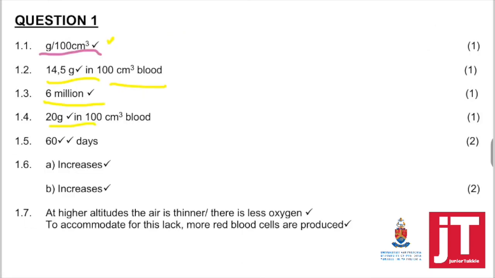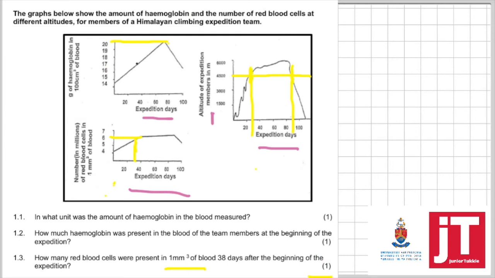That's how you will find your answer. It should be something like 60 days. But let's go back and see if we get that for ourselves. 90 minus 30, yes. So yes, 60 days.